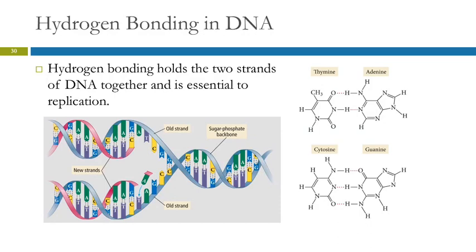And so it's kind of like magnets. They're just going to kind of click together, very attracted to each other. The other 2 bases can form 3 hydrogen bonds. And so cytosine is always going to match up with guanine. It's not going to match up with adenine or with thymine. So this pair has 2, this one has 3 hydrogen bonds.